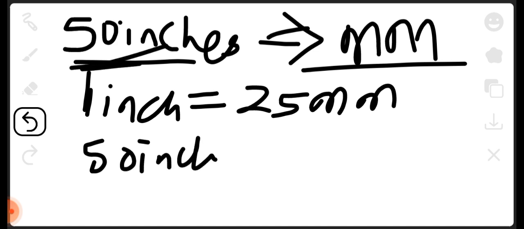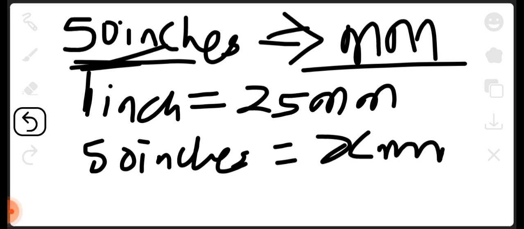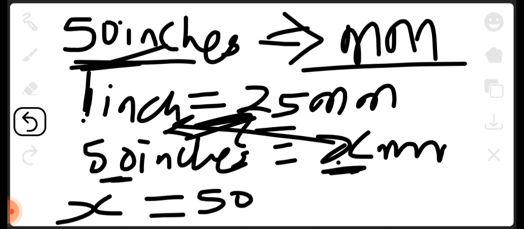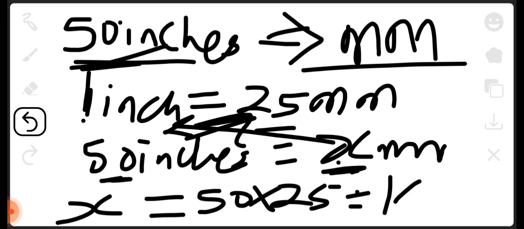This will be unknown because we don't know it yet. So you cross multiply: x times 1 gives x, because we are looking for x in millimeters, equal to 50 times 25. And that gives us a very lovely answer: 1250, and this is in millimeters.